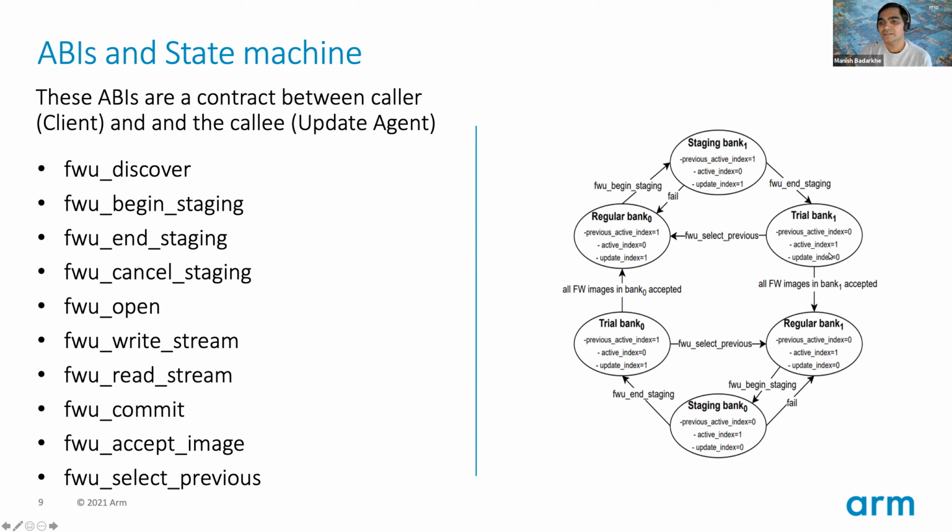And the update index we switch back to 0, so that next time when the update comes, it will write into bank 0. The active index which was 0 previously, we write into the previous active index because with that we were running properly.